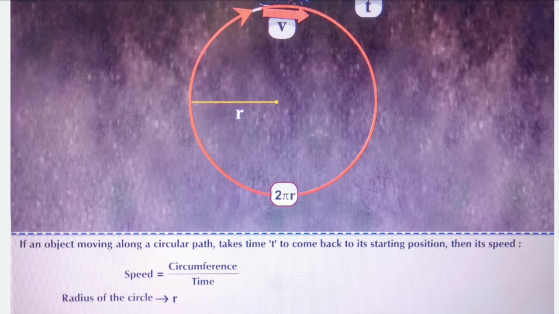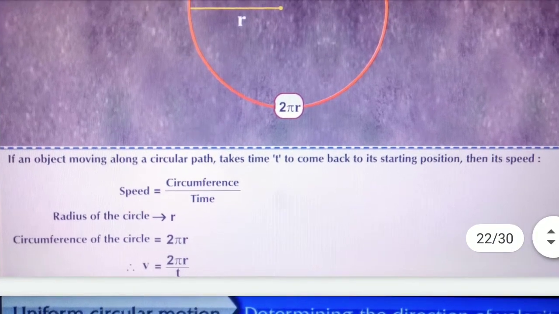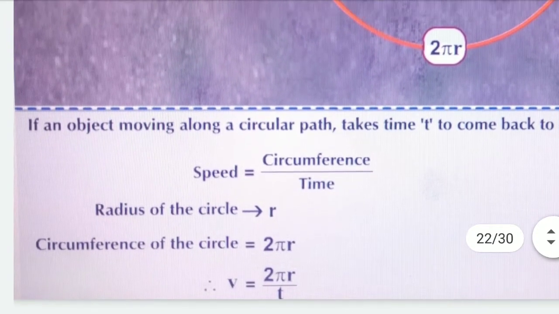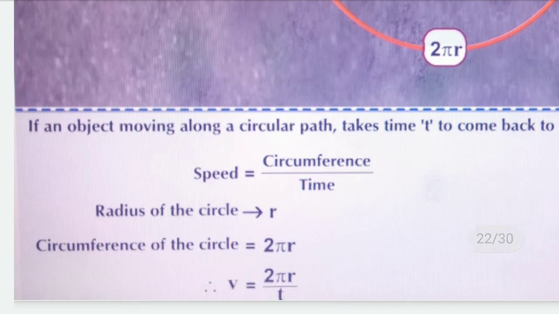Its speed can be determined using the formula speed is equal to circumference upon time. We know the circumference of the circle is 2 pi r. Therefore, speed, that is v, is equal to 2 pi r upon t.